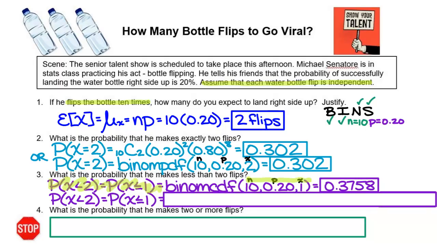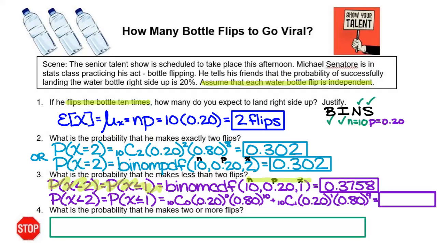We could do this one similar to this right here, only I don't want the probability that X is equal to 2. I want less than 2, which you said were, what were my options there? 1 or 0, right? So I could find the probability that X is equal to 1, the probability that X is equal to 0, and I could put those two together.